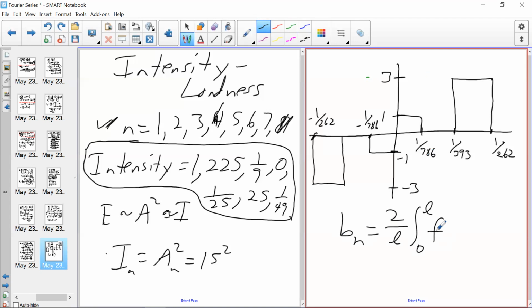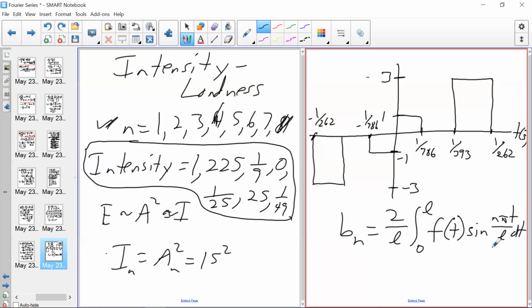And then this will be, again, let's say f of t, because this is going to be another pulse wave in time. F of t sine of n pi t over L dt.